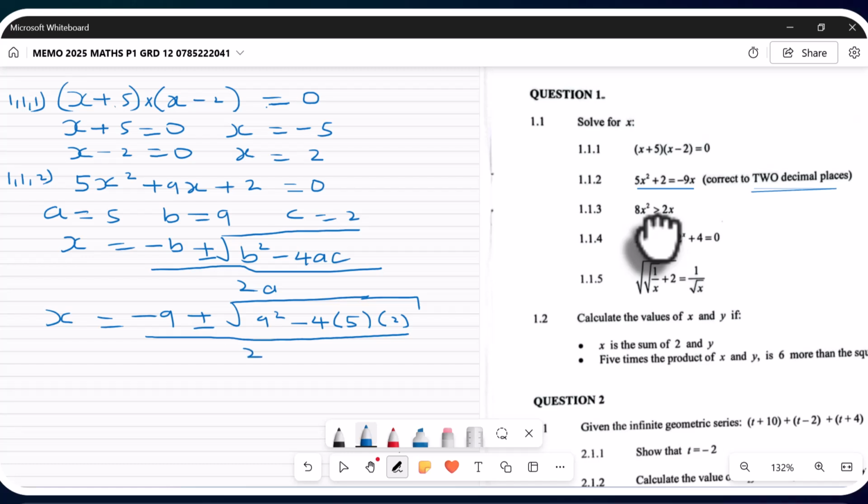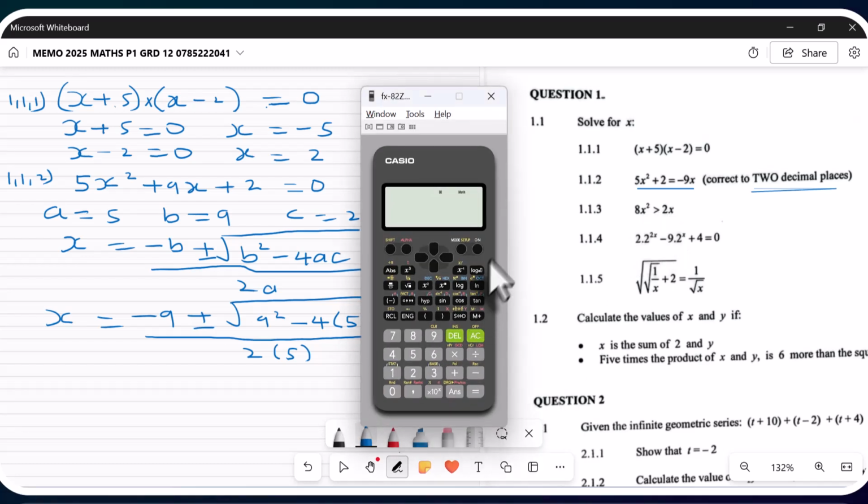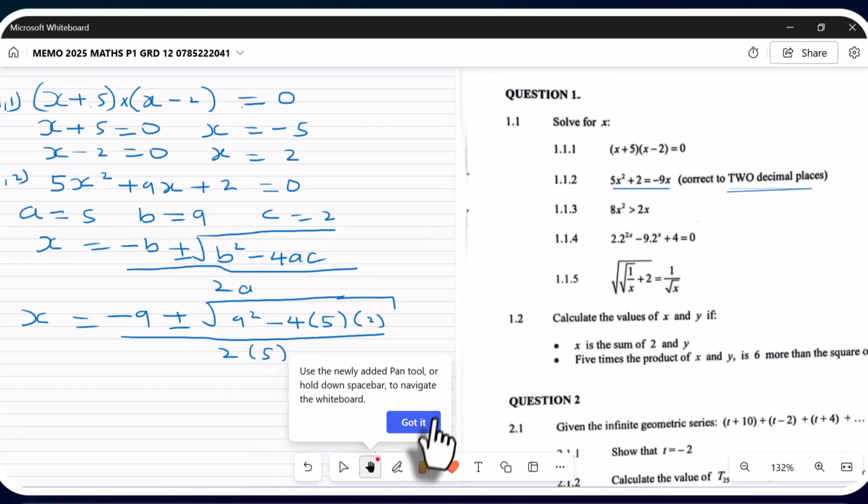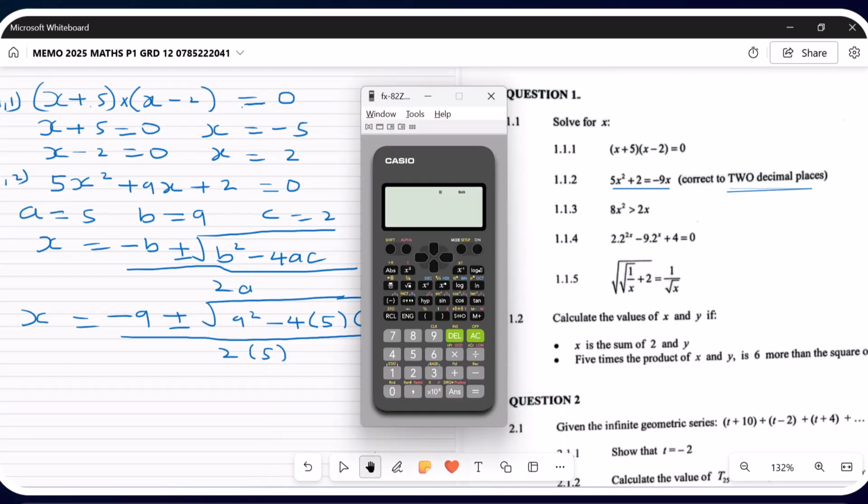Let us get our calculator. We are going to see our solution like this. Using the fraction button first, minus 9.